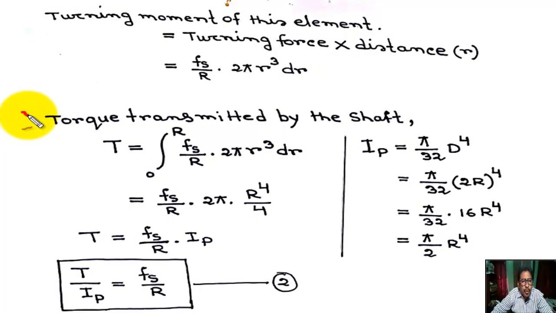Now the total torque transmitted by the shaft, capital T, equals the torque of the elementary ring, Fs by capital R into 2 pi r cube dr. Now we integrate from 0 to R, from center to surface.